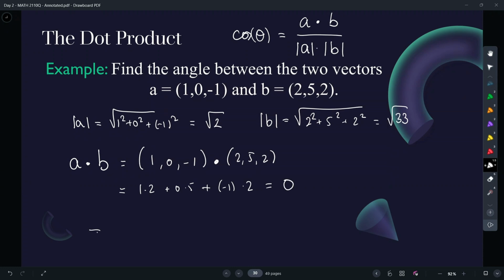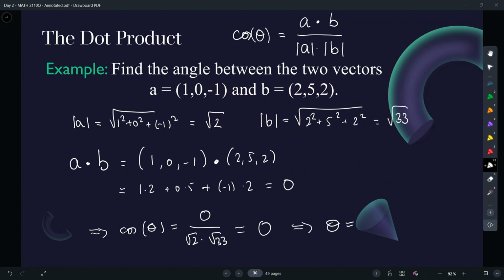So that tells me if I put all my information in the formula for the cosine, it's 0 divided by, unless I have zeros underneath, this is going to be 0. And I do not have zeros for lengths. You don't want to compute the length or the angle with the 0 vector. There is no angle. So they have to be non-zero vectors to begin with. So this is 0.